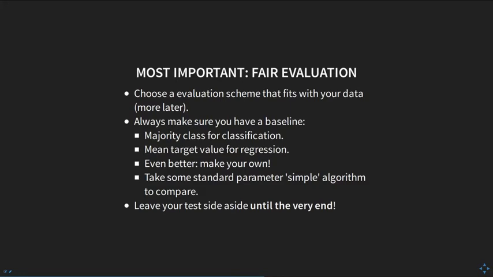Usually it's better to make your own, so especially if you have an interesting problem where you think, okay, as a human I would look at these few things, then make a baseline that tries to mimic your intuition regarding this and try to beat it with a good model. Or alternatively, if this isn't really possible, you can always go for a very simple vanilla algorithm that isn't tuned or anything, or is just a very simple type of model.